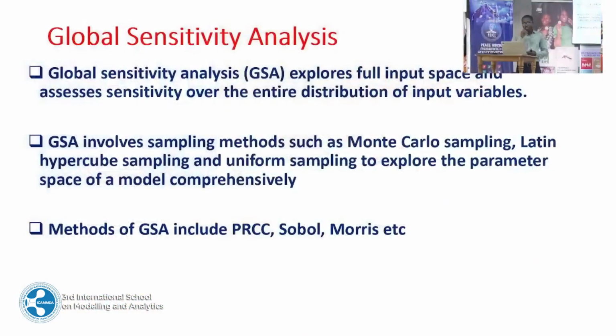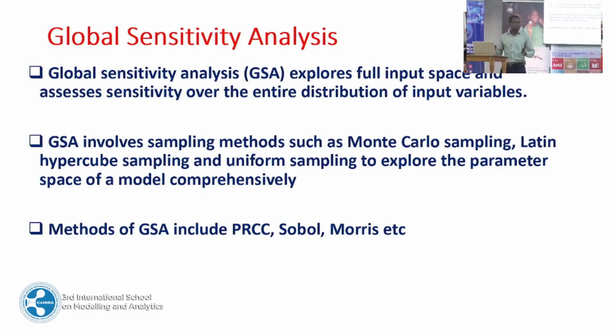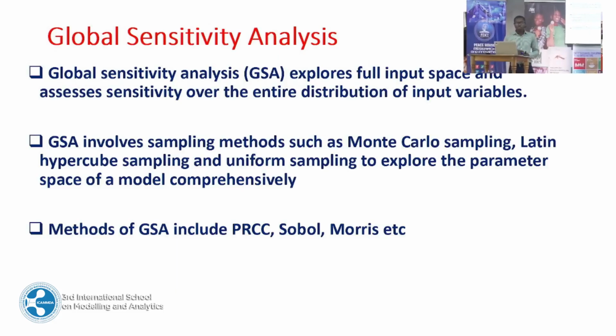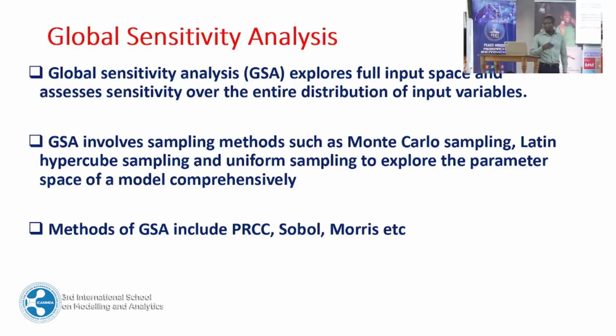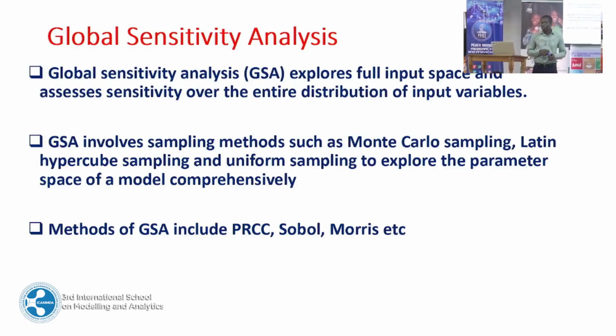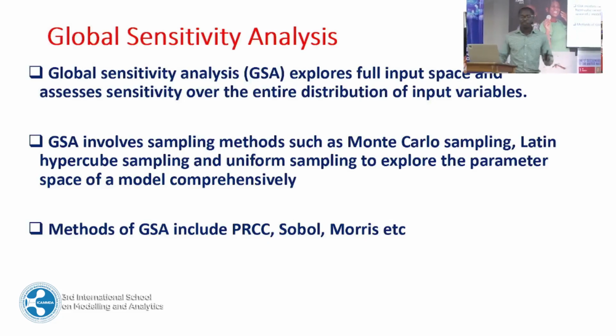Let's see if we still have time for global sensitivity analysis. Global sensitivity analysis explores the full input space and assesses sensitivity over the entire distribution of input variables. GSA involves sampling methods such as Monte Carlo sampling, Latin hypercube, and uniform sampling to explore the parameter space.